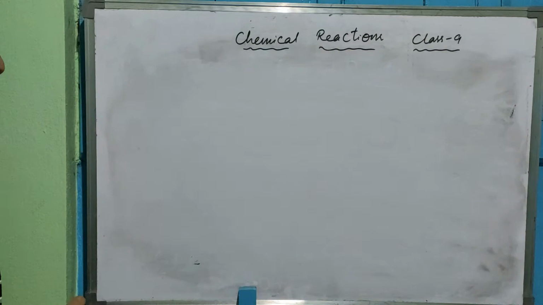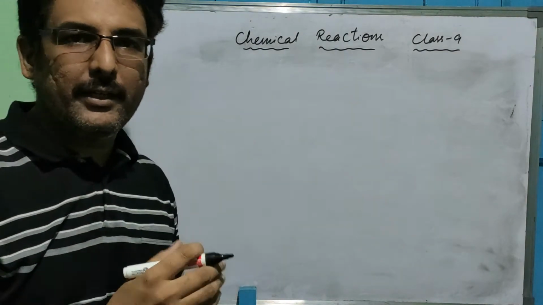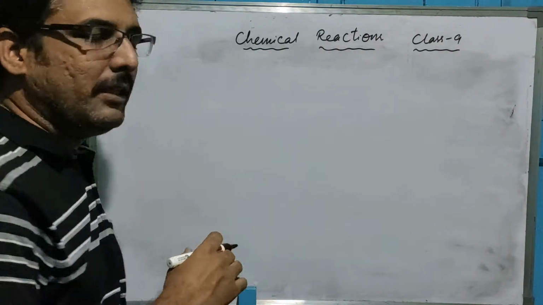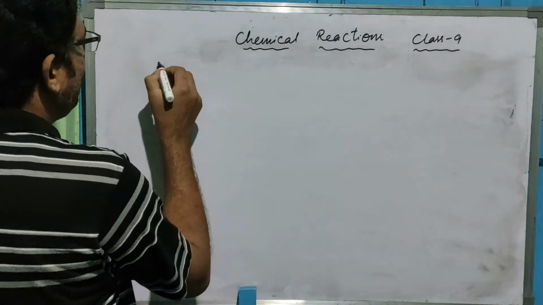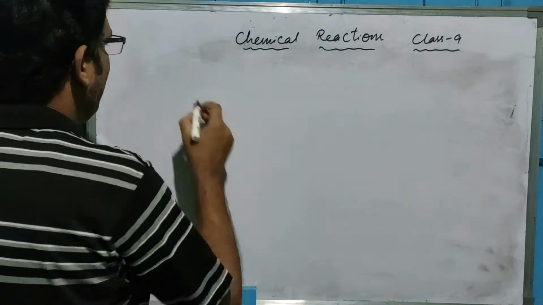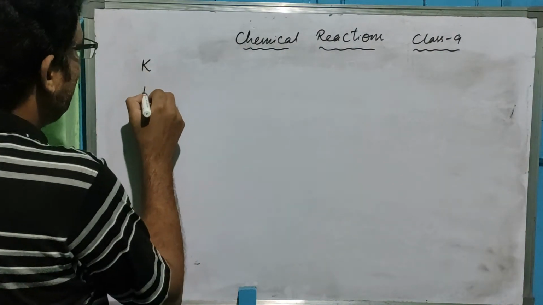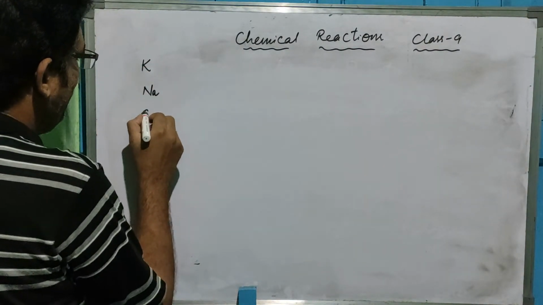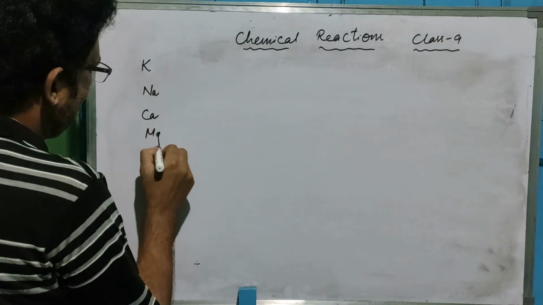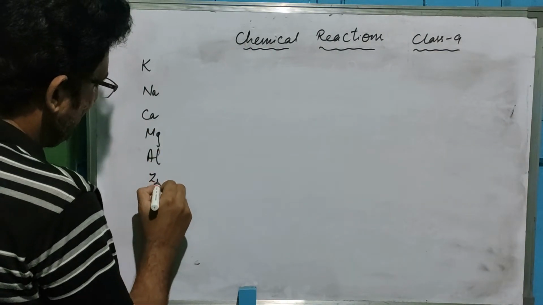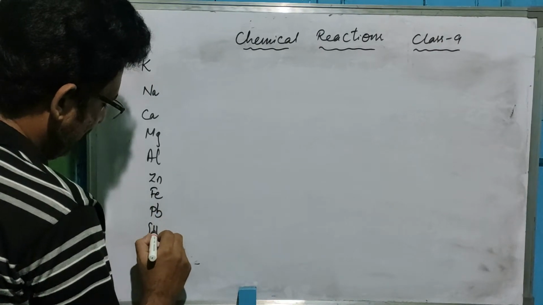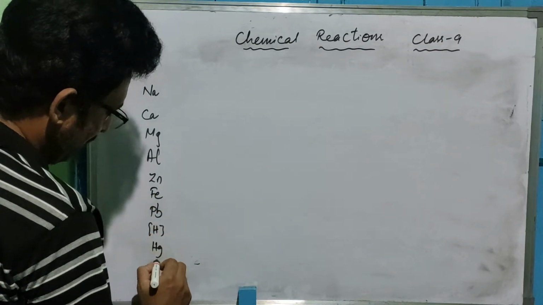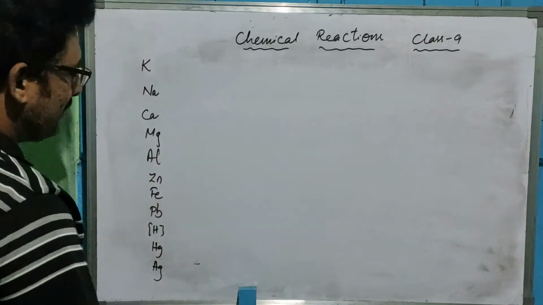We can classify the thermal decomposition of metallic compounds based on the activity series of the metals. We all know the activity series of metals: potassium, sodium, calcium, magnesium, aluminium, zinc, iron, lead, hydrogen, copper, mercury and silver.